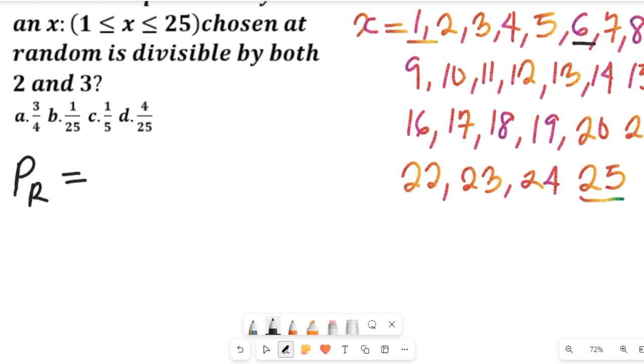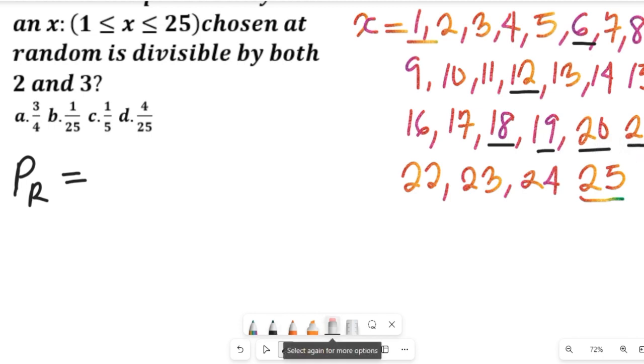What are the numbers that are divisible by 2 and 3 at the same time? We have 6. 6 can be divided by 3 and can also be divided by 2. 9 cannot, 11 cannot, 12 can be divided by 2 and also by 3, 13 cannot, 14 cannot, 15 cannot, 16 cannot, 17 cannot, 18 can be divided by both 2 and 3, because 18 divided by 2 is 9, and 18 divided by 3 will give us 6. 19 cannot, 20 cannot, 21 cannot.